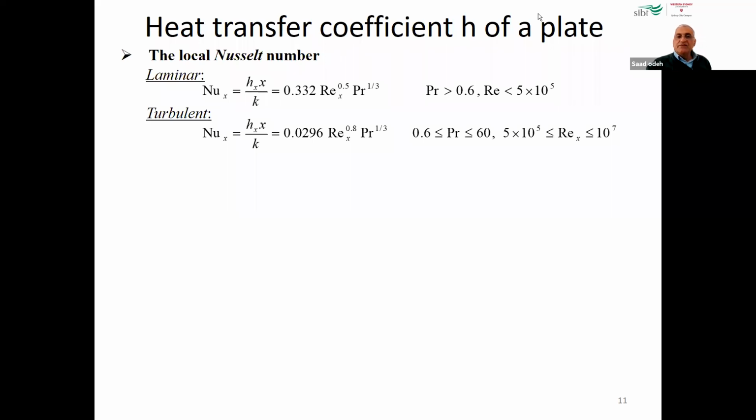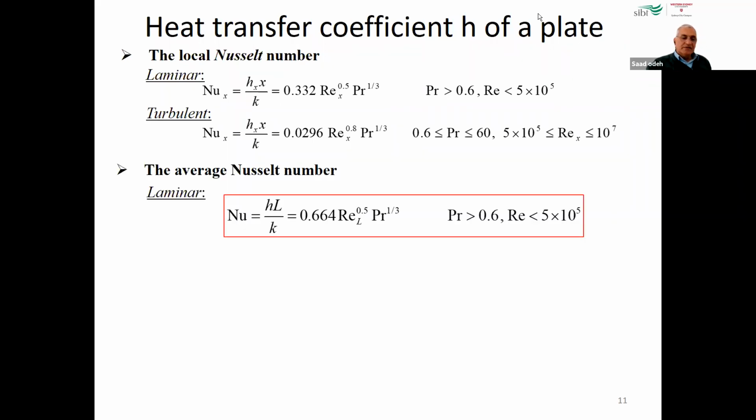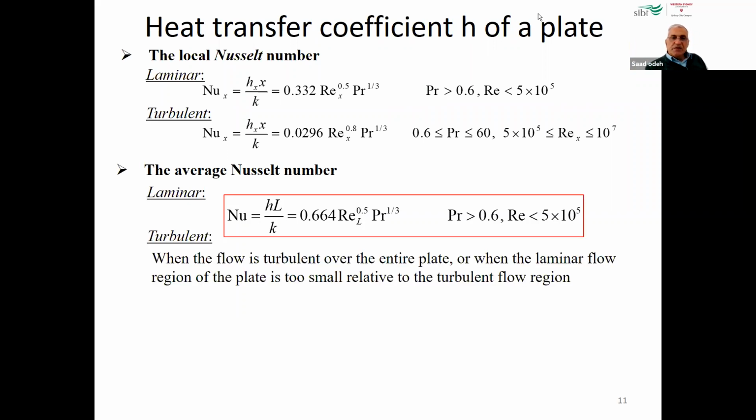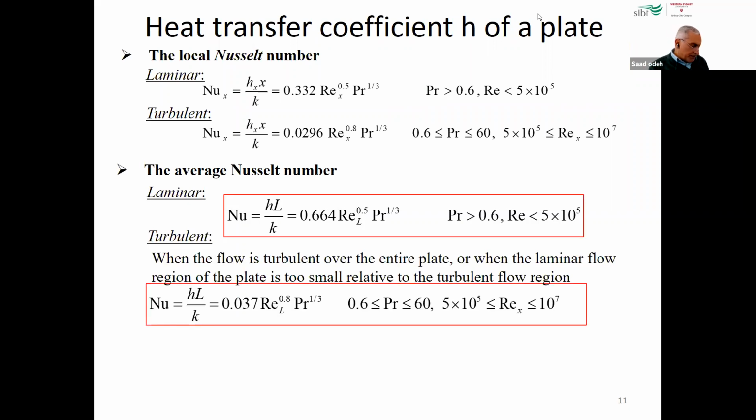Now, if I need to find it for the whole length, which is our case actually, most likely we don't find heat transfer for part of the plate or part of the tube. We want to find the heat transfer along the tube or along the surface. So what you need to use here is this equation. These are the major equations, framed in red.